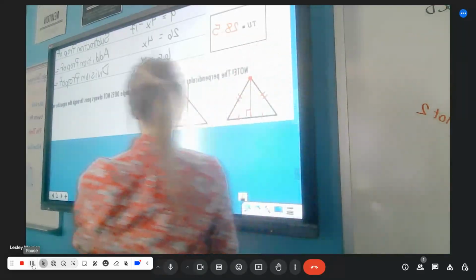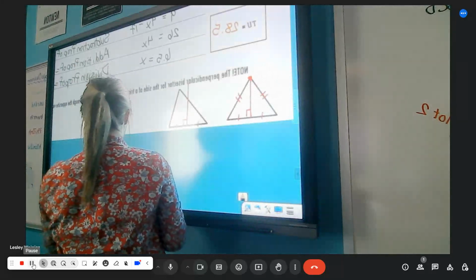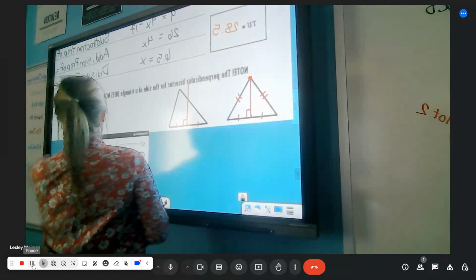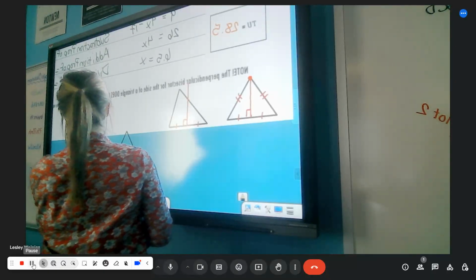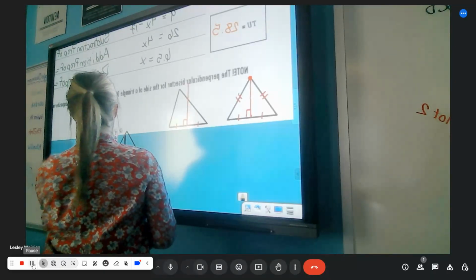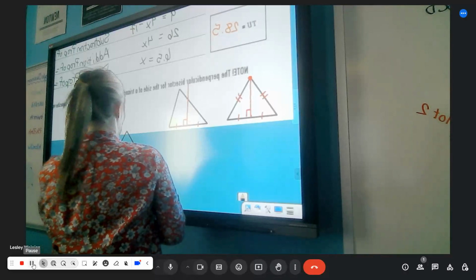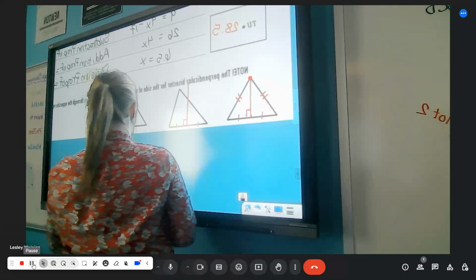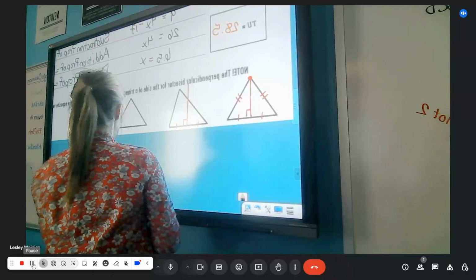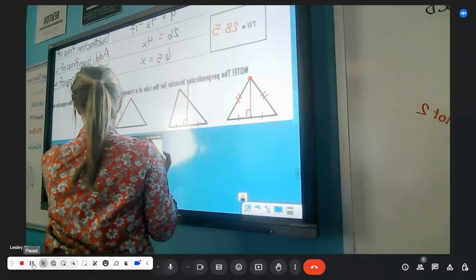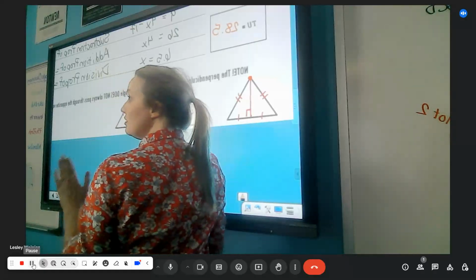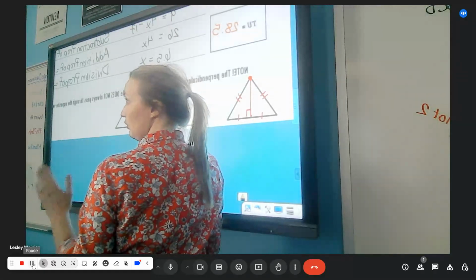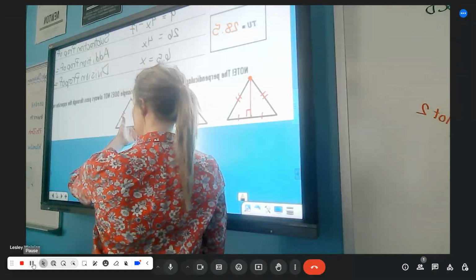Like even if, let me get another isosceles triangle. Okay. All right. So you can see which two sides I've made the congruent sides, right? Now if I do the perpendicular bisector of one of the congruent sides, it's not going to go through the opposite vertex.